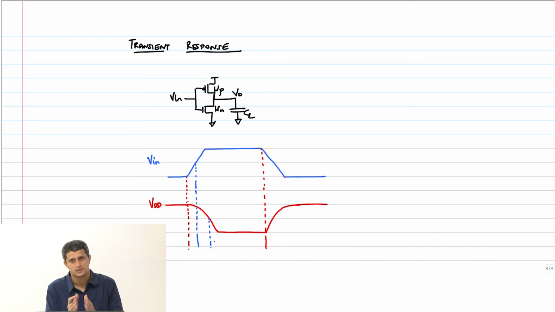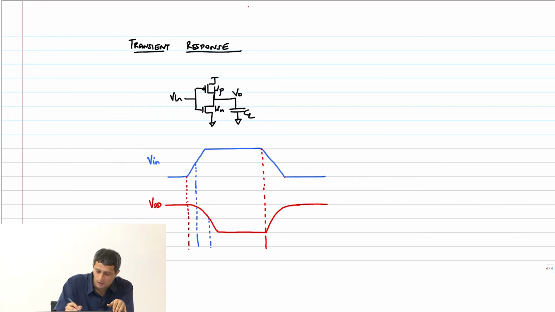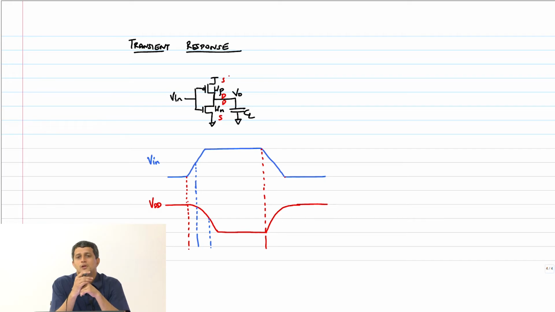Is that all that will happen? What are the capacitances now? Between the input and the output, is there any capacitance? Yeah, gate to drain of both NMOS and PMOS, right, because for both of them this is drain, source. So there is a CGD which is sitting between input and output.